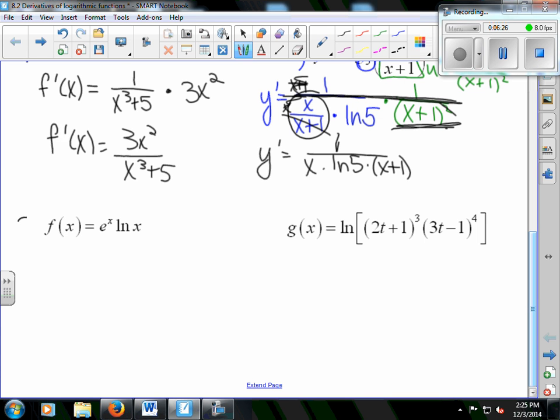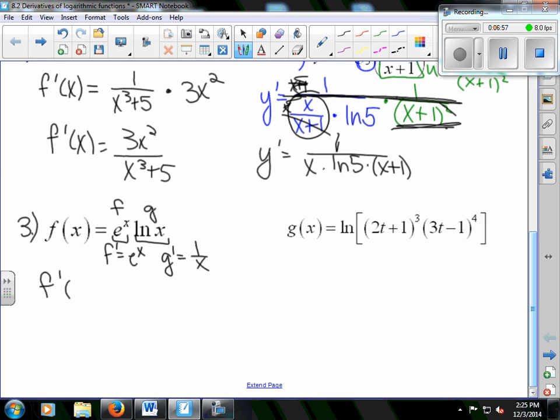Moving on to number 3. Here f of x equals e to the x times the natural log of x. And I have a product. This would be f, and that would be g. And so f prime would be the derivative of e to the x, which is just e to the x. We learned that yesterday. And g prime is 1 over x, the derivative of natural log of x.